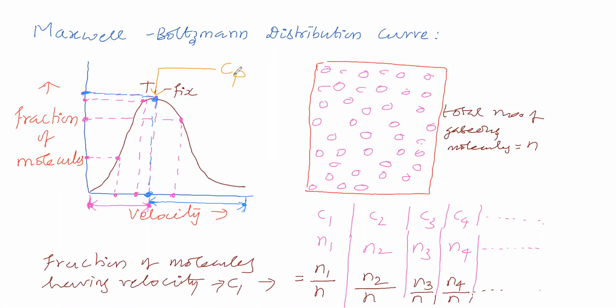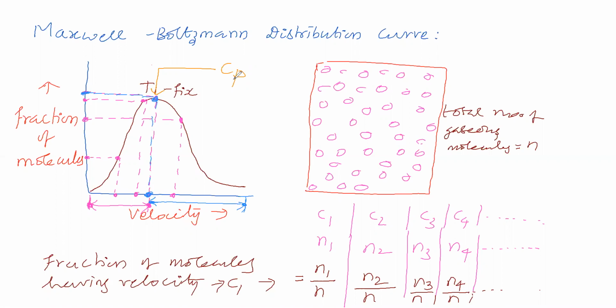The velocity which has the maximum fraction of molecules is called the most probable velocity. Okay, so now next we will see this place.